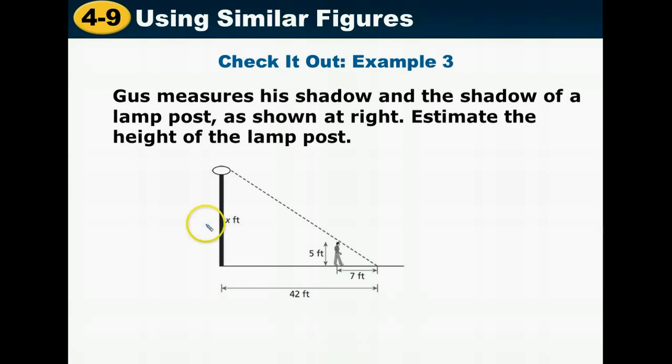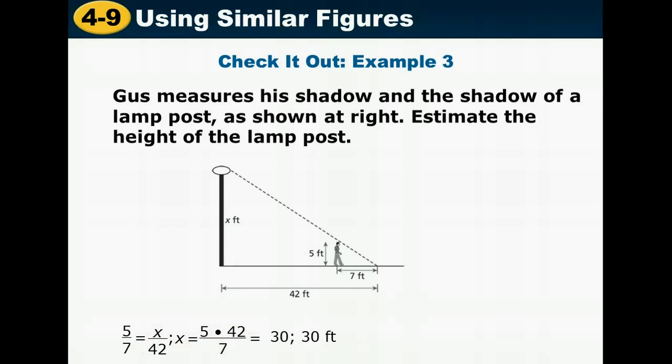Alright, welcome back. So here we are trying to find the height of the light pole. So again, here we can set up the height of the person, which is 5, to the shadow of the person, which is 7, and the height of the pole, which is x, to 42.